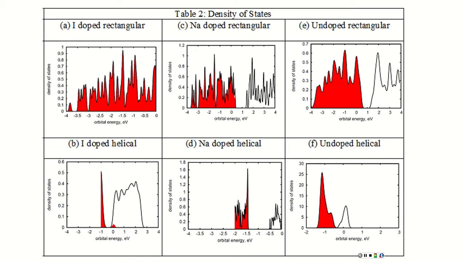The I doped helical has the smallest band gap. And for this one, I know this isn't the right graph because it doesn't have the HOMO and LUMO orbitals. So I apologize for that. But since I was running out of time, I just wanted to show you guys what I did for this. So again, I know it's not quite right, and I'm really sorry about that.